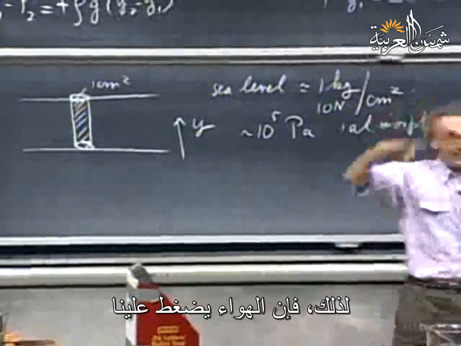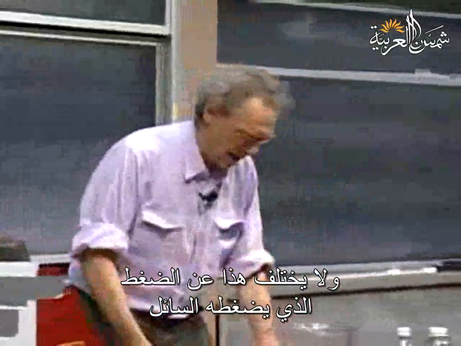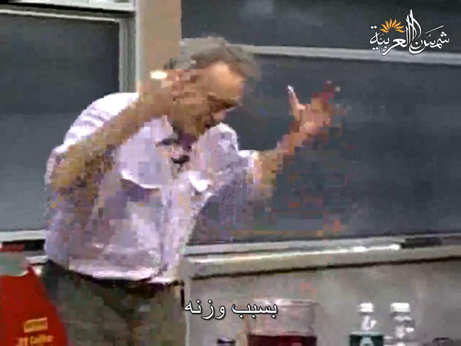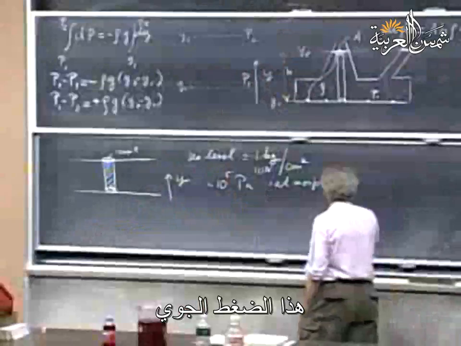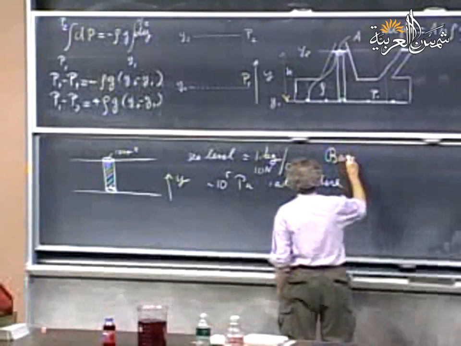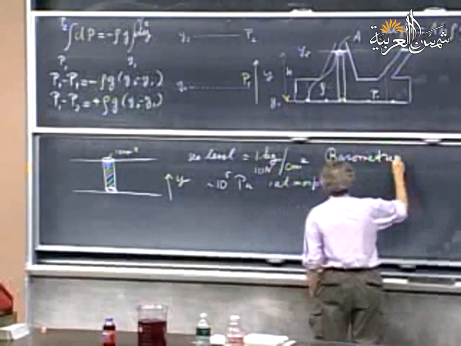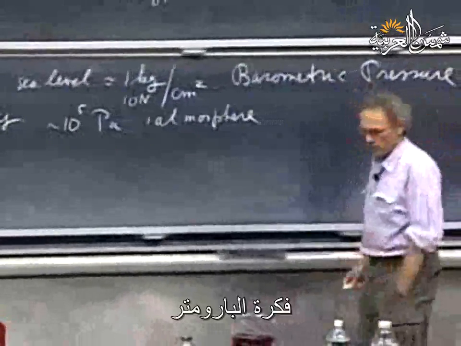So the air pushes down on us, that gives us the atmospheric pressure, not unlike the way that liquid pushes down because of its weight and increased pressure as you go down. This atmospheric pressure is also often called barometric pressure. The idea of a barometer.